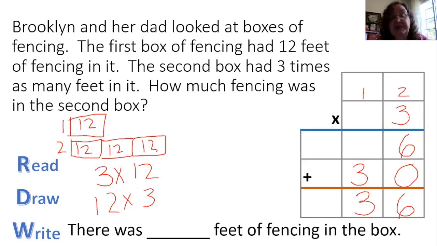I might have put the second box, but I'm going to say 36 feet of fencing in the box, and make sure I begin with a capital letter and end with a period. Wonderful. Let's move on to the next one.